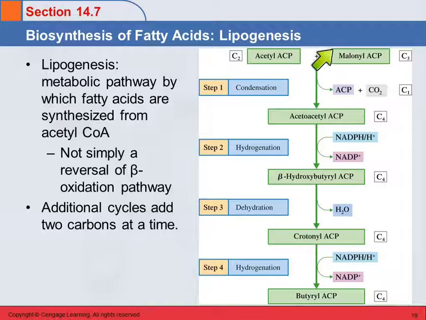These both came from acetyl-CoA, and I decided not to go into the reactions that form those. But they undergo condensation, a hydrogenation, dehydration, and another hydrogenation. One cycle adds 2 carbons. We started out with C2, and we end up with C4. Every time it goes through this cycle, it adds 2 carbons. That's why all these fatty acids have an even number of carbons. It's due to how they are made. They are made 2 carbons at a time.